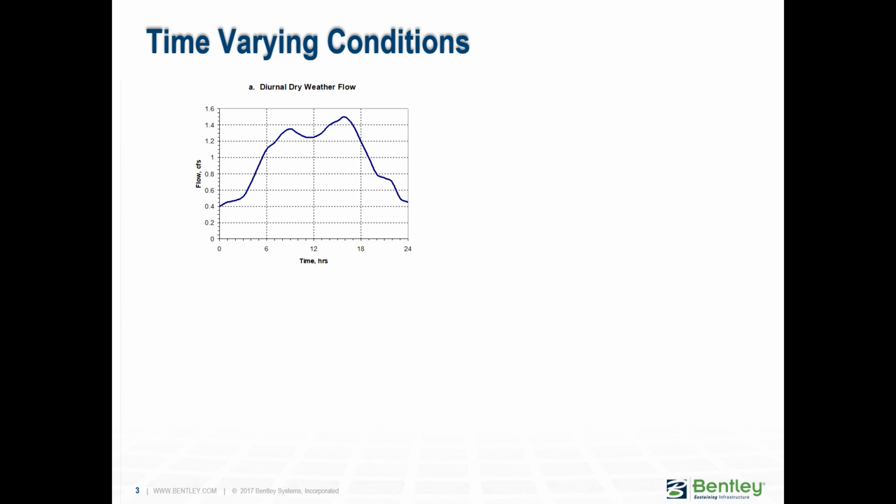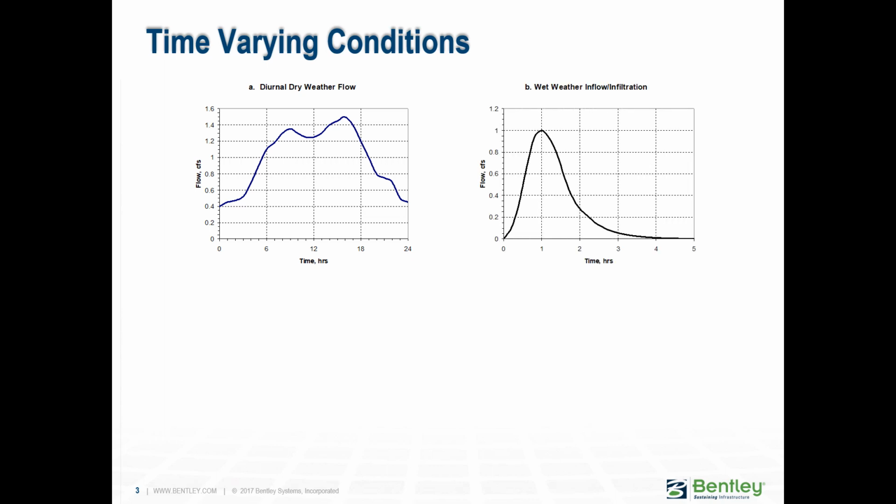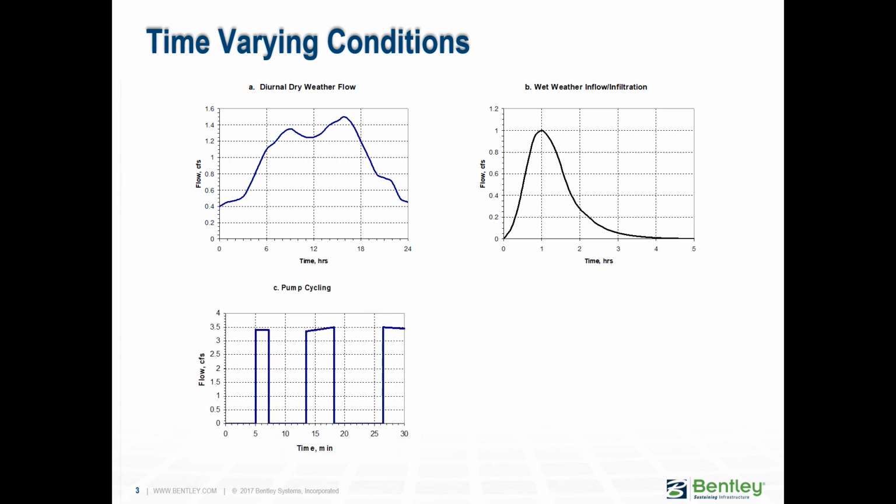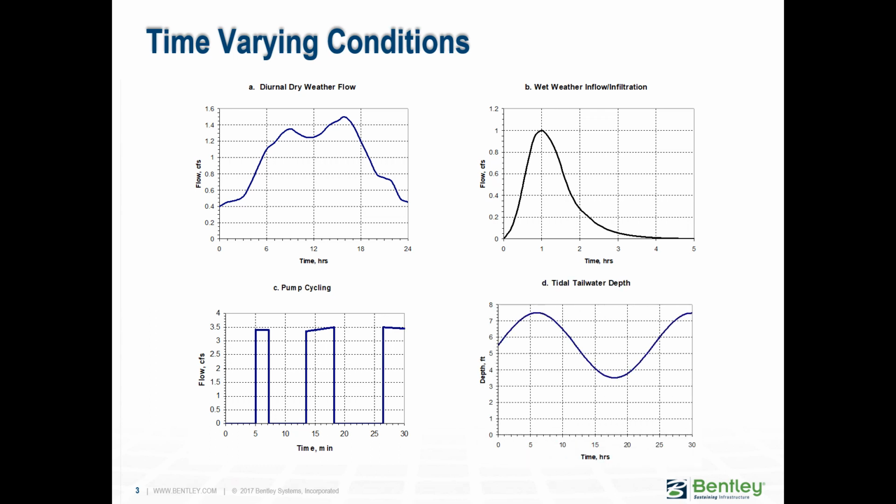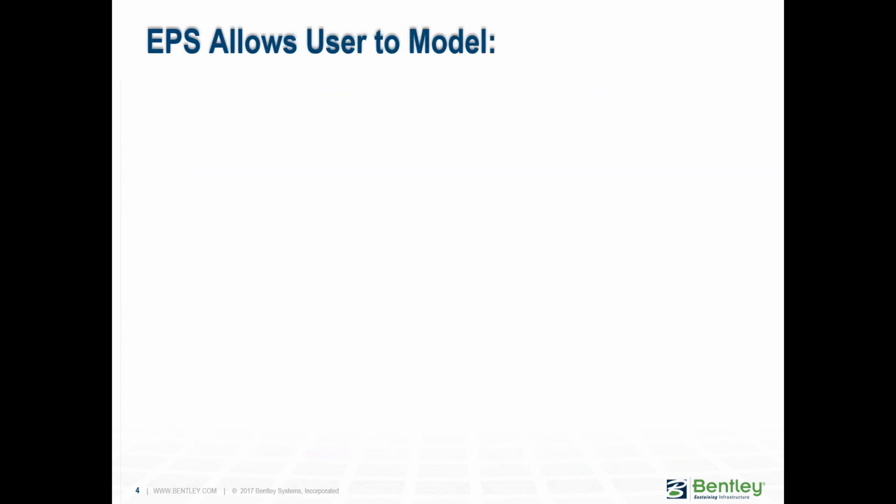You could also have variations in inflow and infiltration during wet weather. Also, as we just learned, this lets us see how many times and when a pump turns on and off. If you have flow regulating devices or changes in tailwater levels, you can see how that affects your system as well.